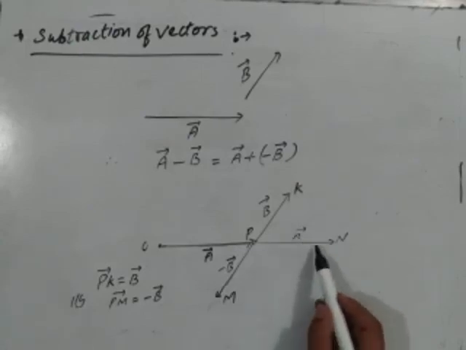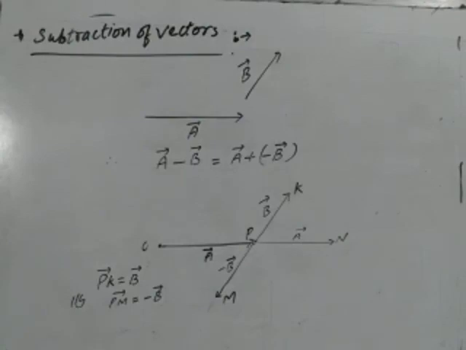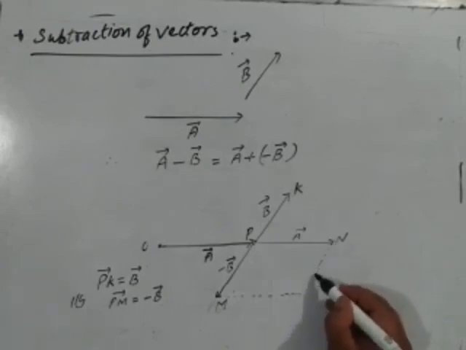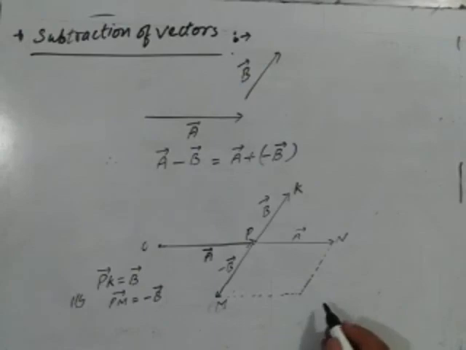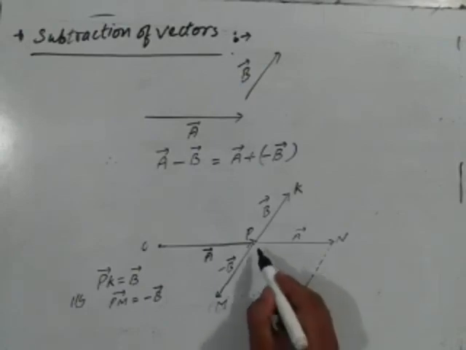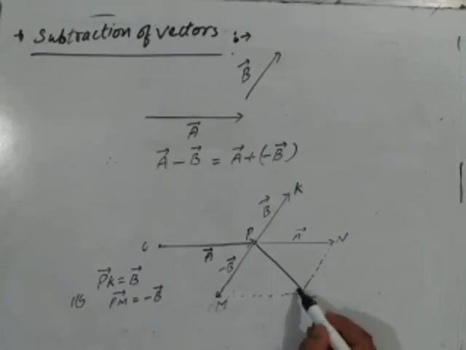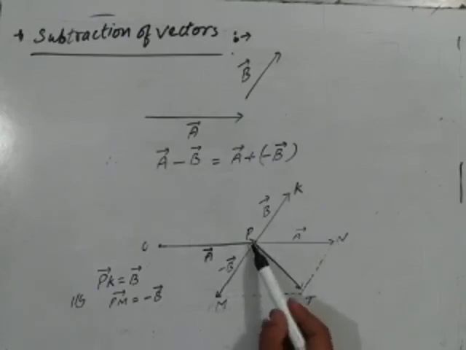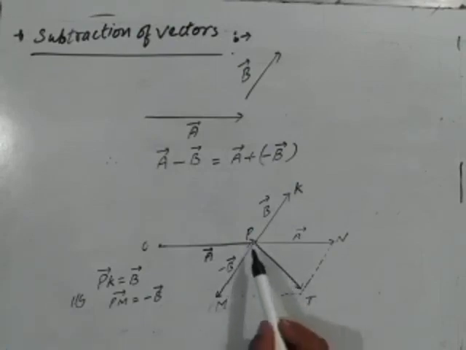Now we can easily apply parallelogram's law of vector addition for finding out the resultant. Now complete the parallelogram. So this point is T. So we will join this diagonal. So if PN and PM are the two vectors which represent the two sides of the parallelogram, then this PT will represent their resultant.